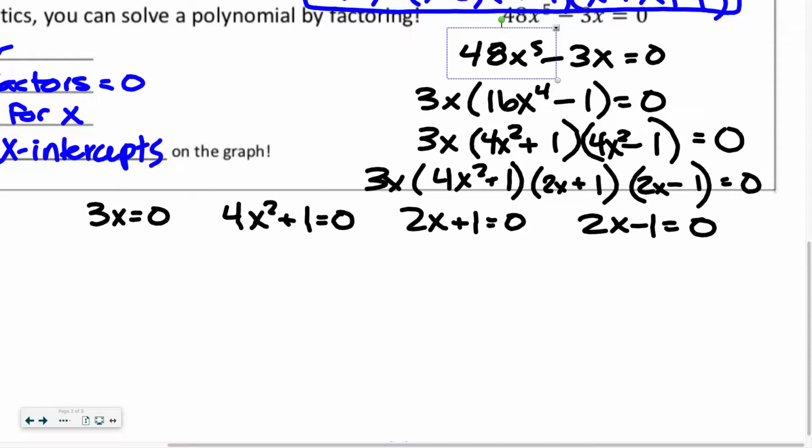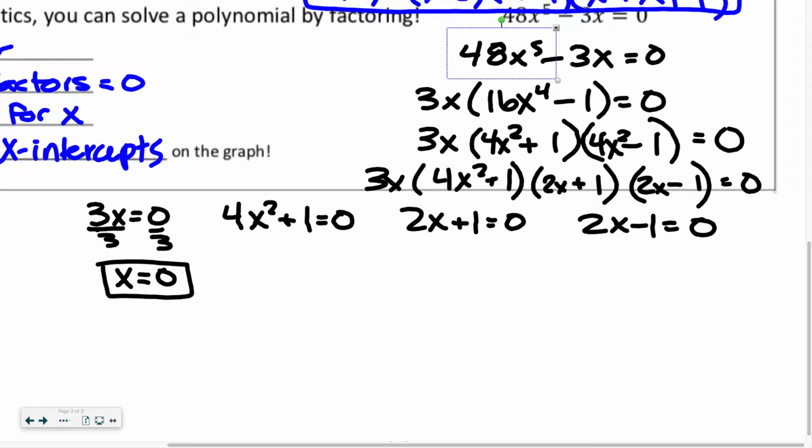So we're on step 2. Set them all equal to 0. Basically, anything that has an x in it, set it equal to 0, and then solve. This one, I would just divide both sides by 3, so x is 0. I have an x-intercept at the origin. That makes sense because that original polynomial had a 0 constant, so it has a y-intercept there too.